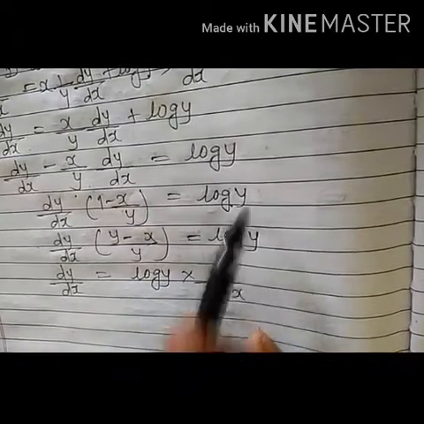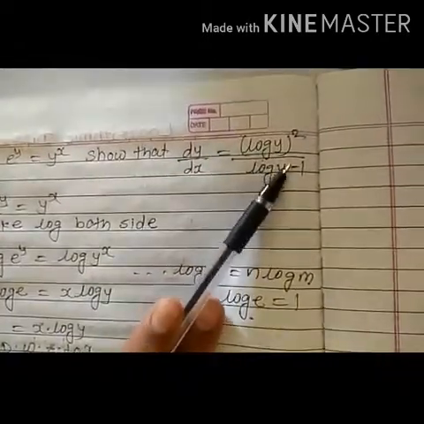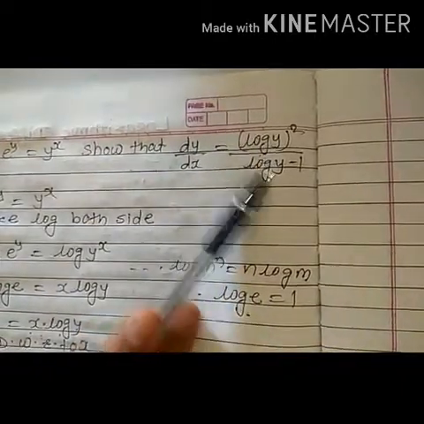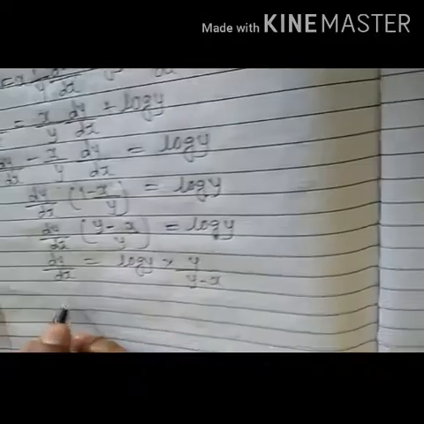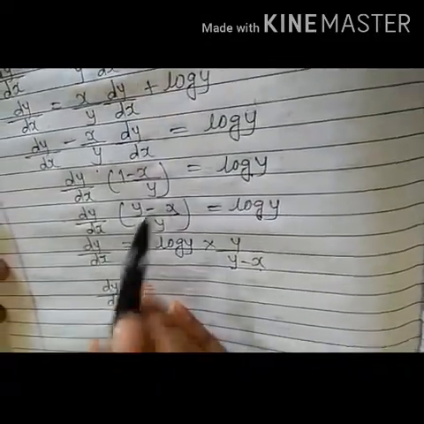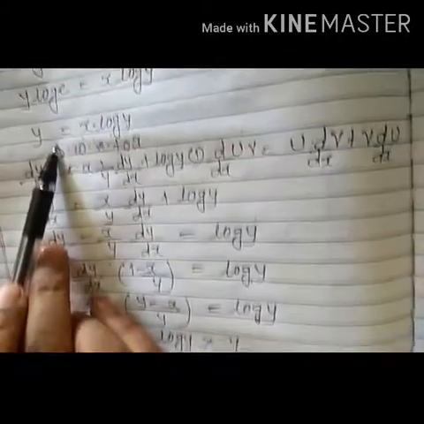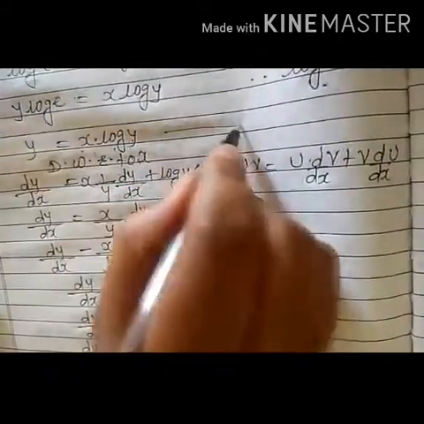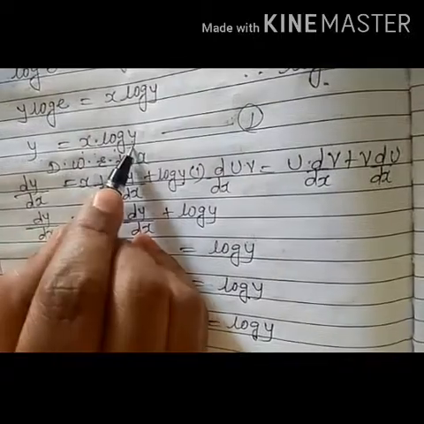But in the question we are asked to show it in the form of only y. Here x must be removed. How to remove it? From the first equation, y equal to x log y. Give it equation number 1. Y equal to x log y.